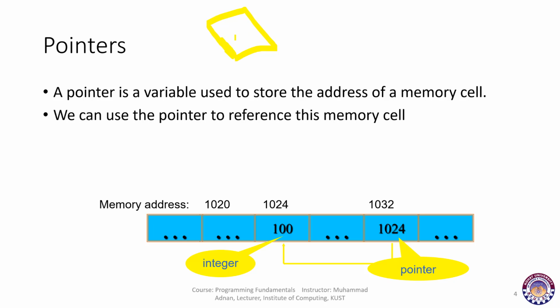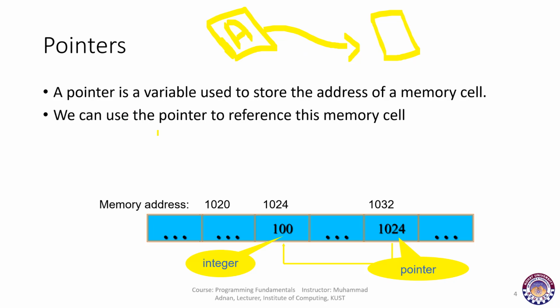But what is the special thing? A pointer is a variable used to store the address of a memory cell. So inside this pointer you can only store the address of another memory cell. That is how a pointer is different from a variable. Whereas a variable stores a value, a pointer stores the address of other variables.